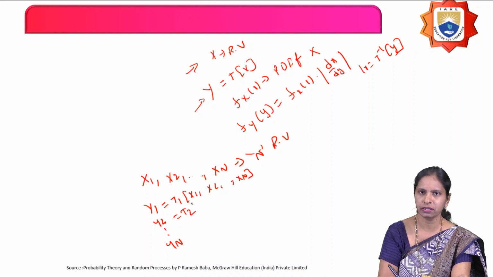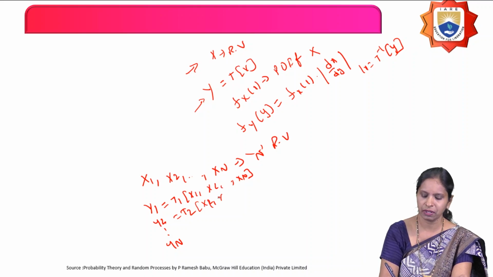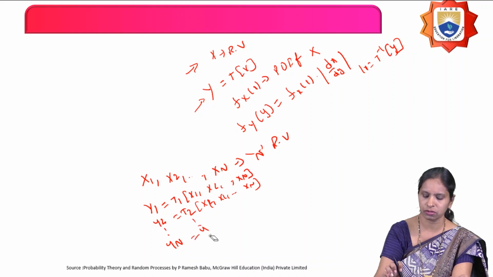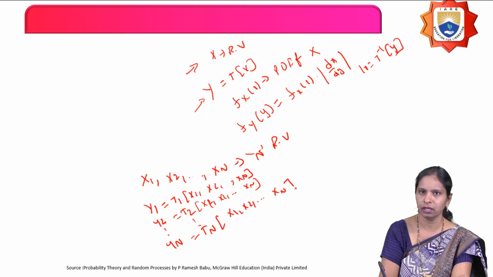Then y1 equals t1 of x1, x2 and so on xn, and y2 equals t2 of x1, x2 and so on xn, and so on. Yn equals tn of x1, x2 and so on xn.